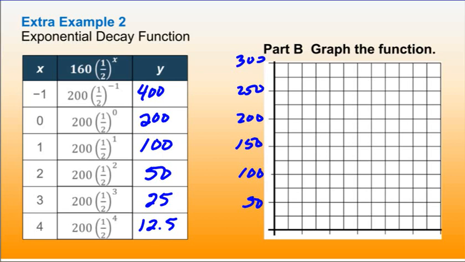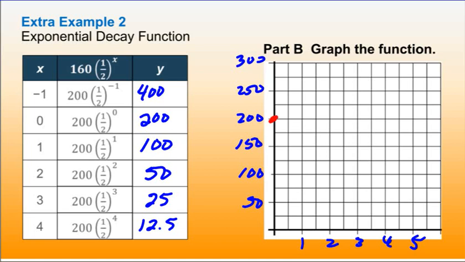So now if I plot these down, I'm not going to do the first one, -1, because that doesn't have any meaning to our problem. So I'm going to start with 0. And then down here, I'm just going to count these by 1. So 1, 2, 3, 4, 5. So plot them. I would have 0 and 200.